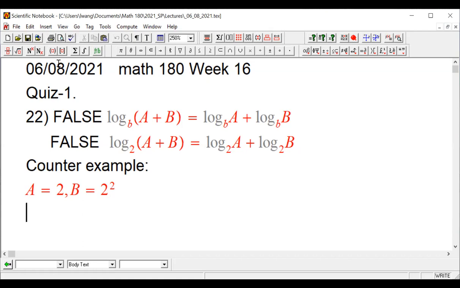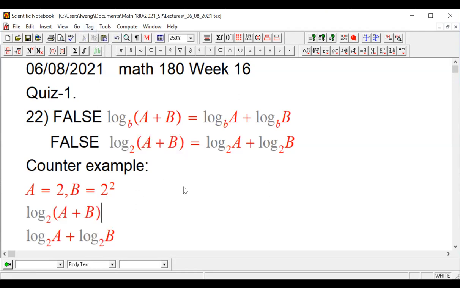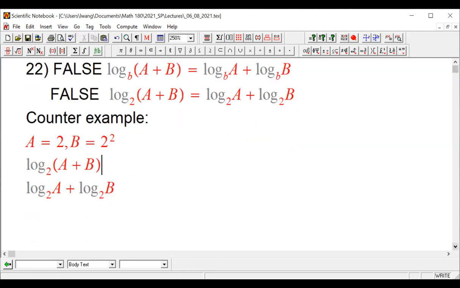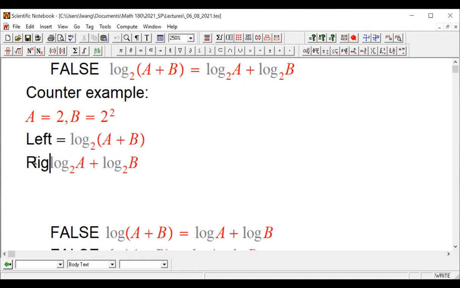Because in a base 2 situation, it's much easier to handle. So we have a left-hand side and we have a right-hand side. We see if they're the same. This is going to be 2 and this is going to be 2 squared.